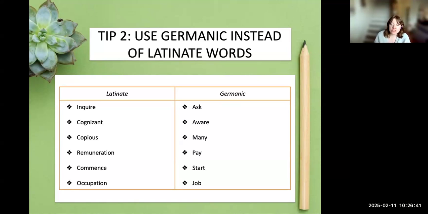And so the English language derives mainly from Old English, which is Germanic, and Old French, which is derived from Latin. And so after the Normans conquered England in 1066, the country was dominated by the French aristocracy ruling over the English-speaking working class.